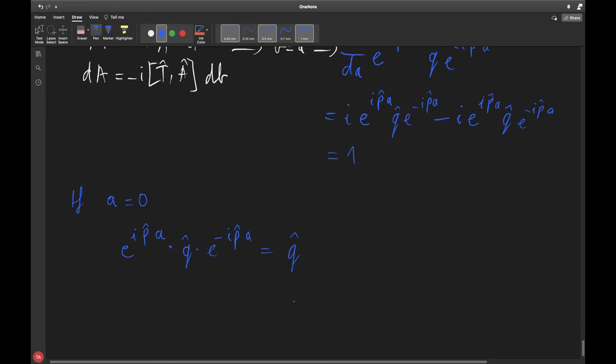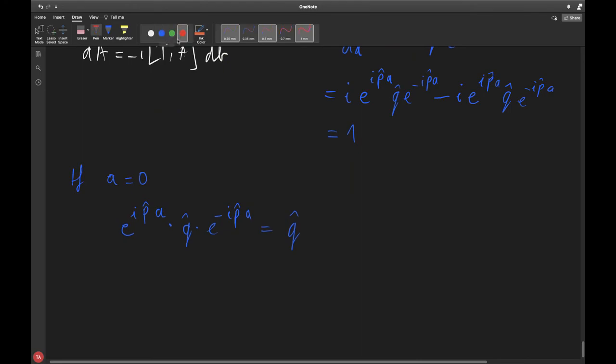So if I merge these two pieces of information together, what we learned here and what we learned here, then what we get is i e to the i P operator a, Q operator, e to the minus i P operator a is the same as the Q operator plus this a change.